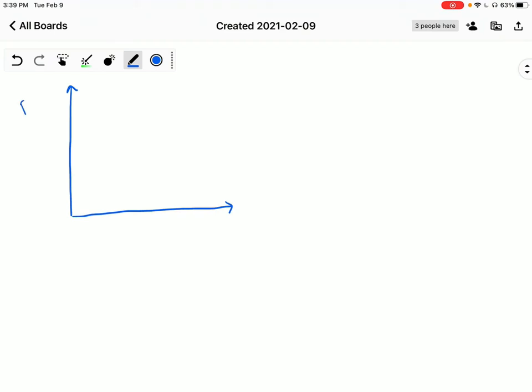So if I have a force versus time graph, and let's say I have a constant force for a period of time, we know that impulse is F delta t.